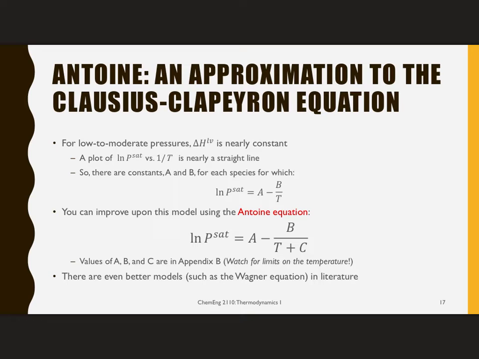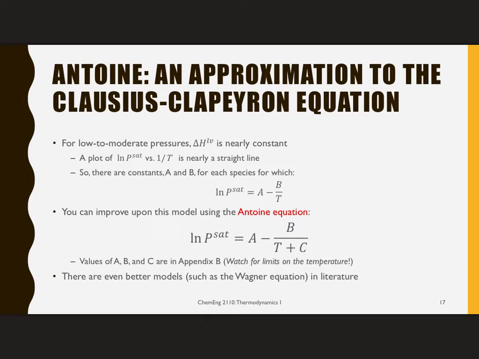You can improve it a little bit by, instead of B over T, saying B over (T plus a constant). Now, sometimes this constant looks pretty large, in which case you're thinking that makes no sense. But the Antoine equation is frequently fit with temperatures in degrees C, for instance.